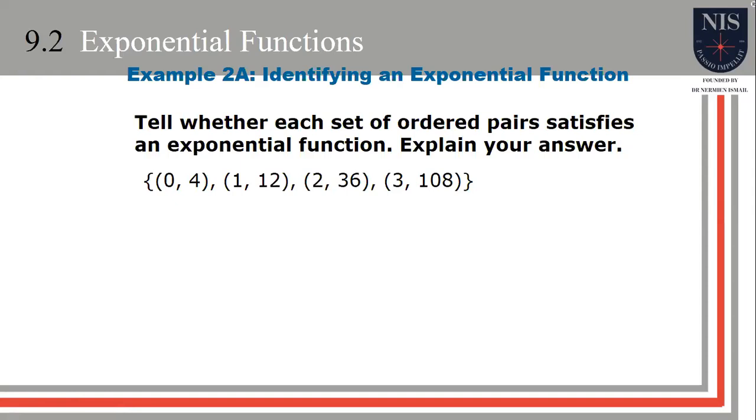How do you know that this one represents an exponential function? Because the constant ratio is 3. How did you find it? I divided 12 over 4. Yes, very good. And then 36 over 12, very good. And then 108 over 36. Thank you so much.